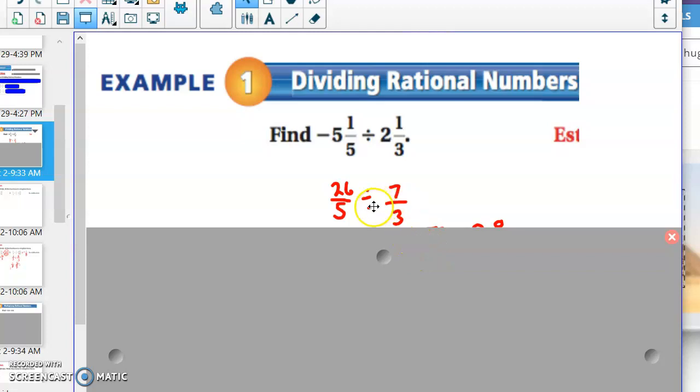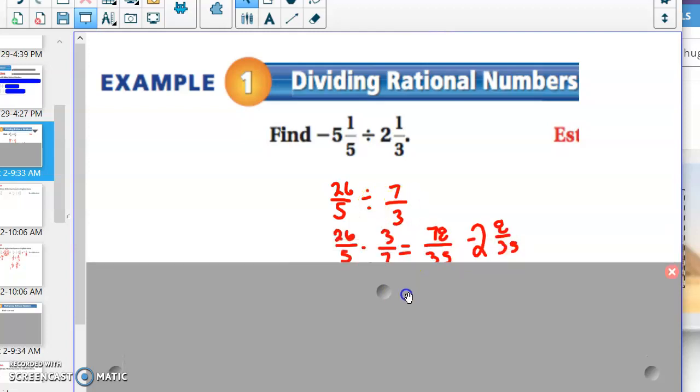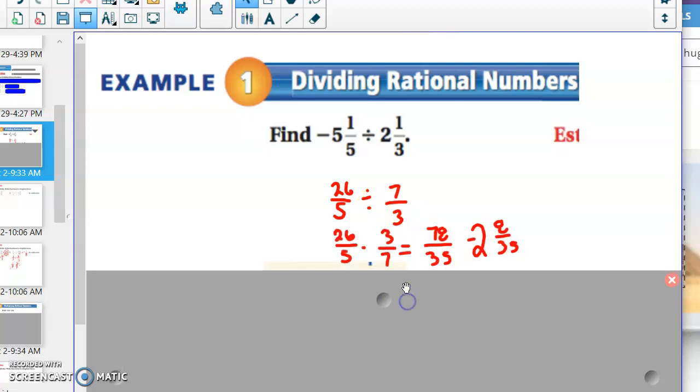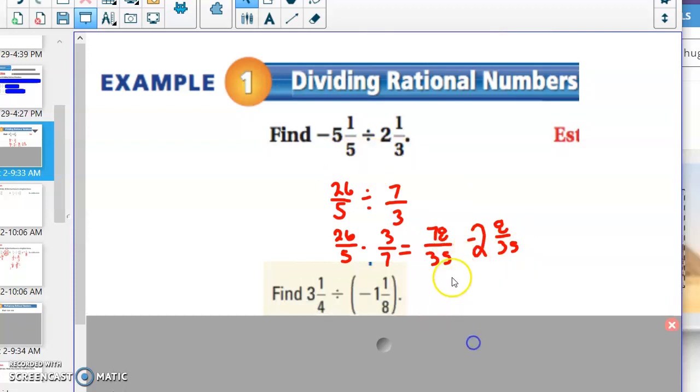Now I'm going to multiply by the reciprocal, so it's going to be 26/5 times 3/7. Then I'd look to see if there's anything I can cross cancel, and I can't. So 26 times 3 is 78, and 5 times 7 is 35. I could take 35 out of 78 twice, and that leaves me with 8/35, but I can't forget these have different signs, so my answer has to be negative.